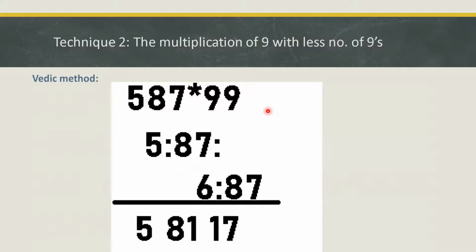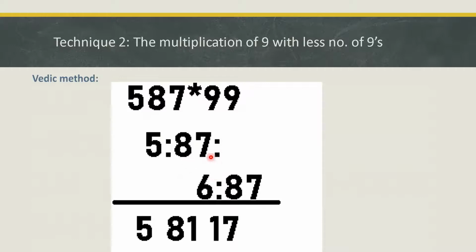So this is the third way, and this is different from the other two that I taught you till now. The multiplication of a 3-digit number with fewer 9s. For example, if we are doing 587 into 99, here is how we do it. Over here we put the first digit 5 and then a colon, the other two digits and a colon.